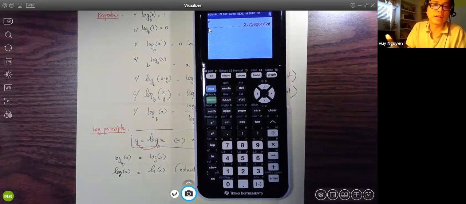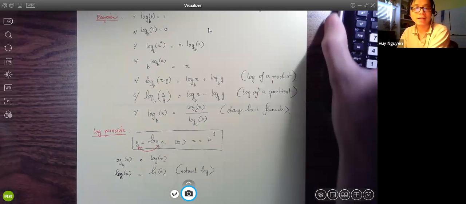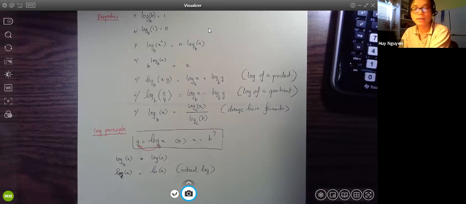If you write log base 2.718 and so on, it takes too much space, so that's why they just write ln x. So if you see log x in your exercise or test, that is log base 10. If you see ln x, that is log base e.